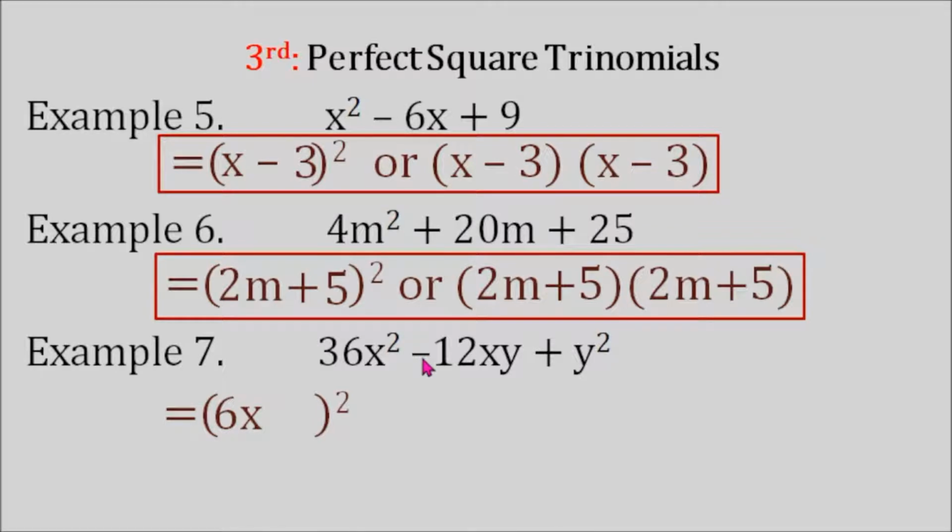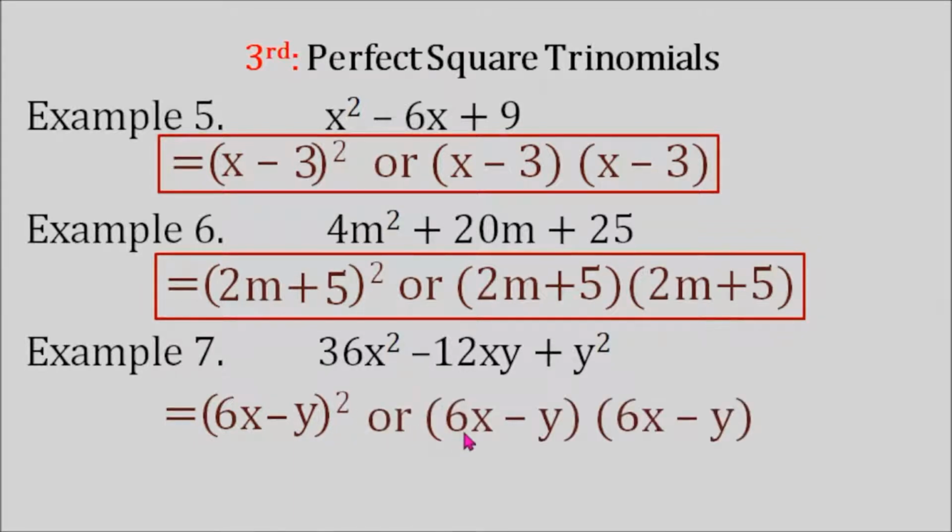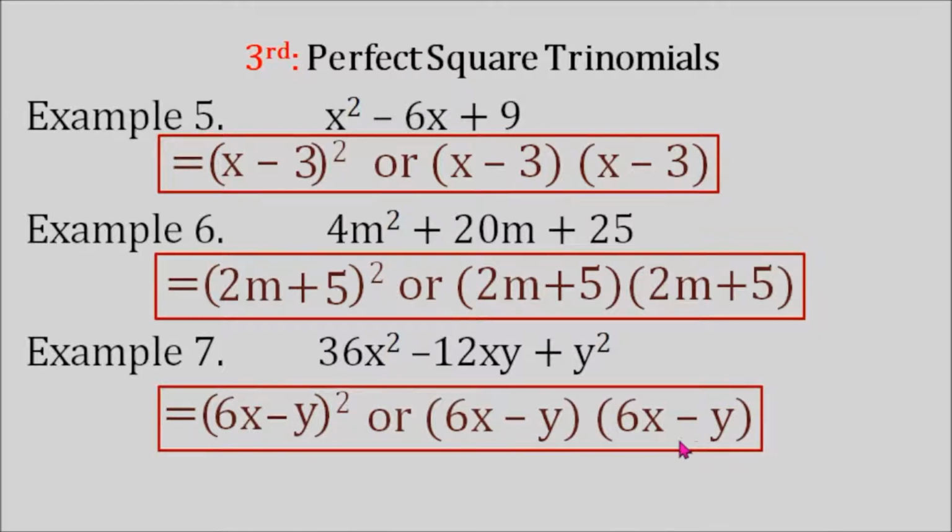The sign of the middle term is negative, so it's also the sign of our second term. And our second term here is just the square root of y squared, which is y. So it's the quantity 6x minus y squared, or it can be written as the quantity 6x minus y times the quantity 6x minus y.